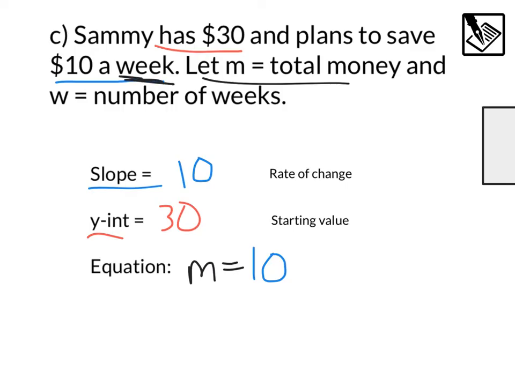Every week, we're growing by 10. So I'll use that variable, W, $10 growing every week, plus our starting value, in this case, our y-intercept, is 30. And we're left with the equation, our total amount of money is 10 times the number of weeks plus the $30 we started with.